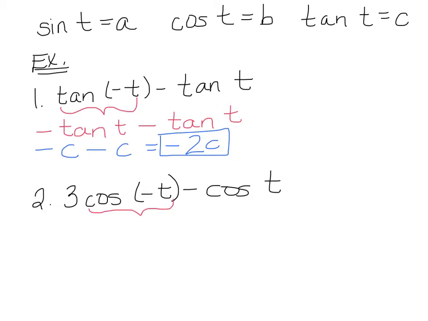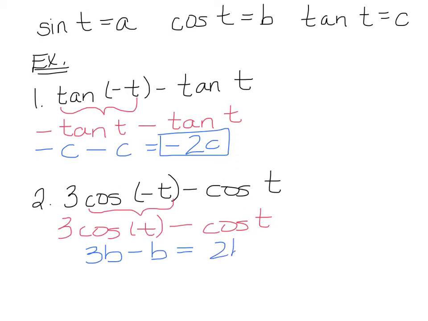So that's the same thing as doing 3 cosine of t minus cosine of t. So we see that cosine t is b. So I'm going to substitute 3b minus 1b gives me 2b. And so that's what we're doing each time.